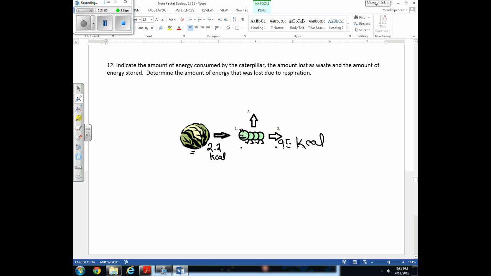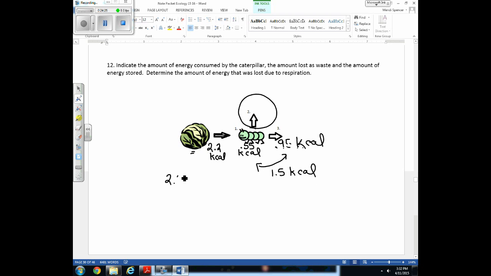We know that 0.55 kilocalories are stored on that caterpillar as proteins, carbs, and lipids and nucleic acids. So now with that, we can actually calculate the amount of energy that was lost due to use, lost due to respiration. When we add these two together, we get 1.5 kilocalories.